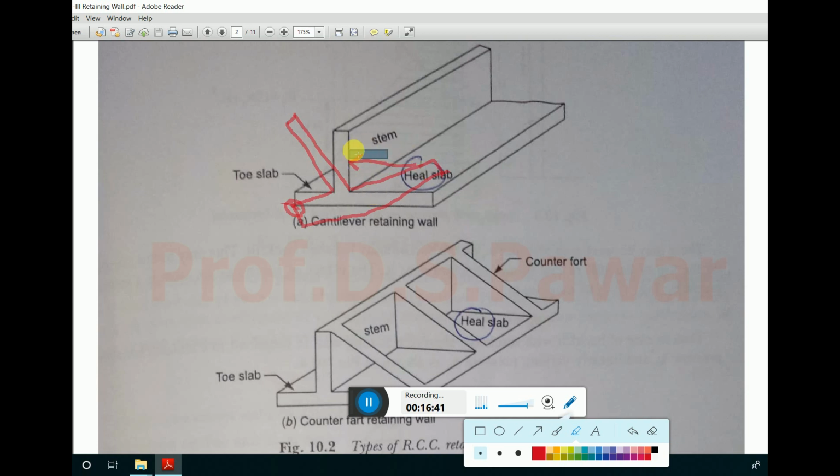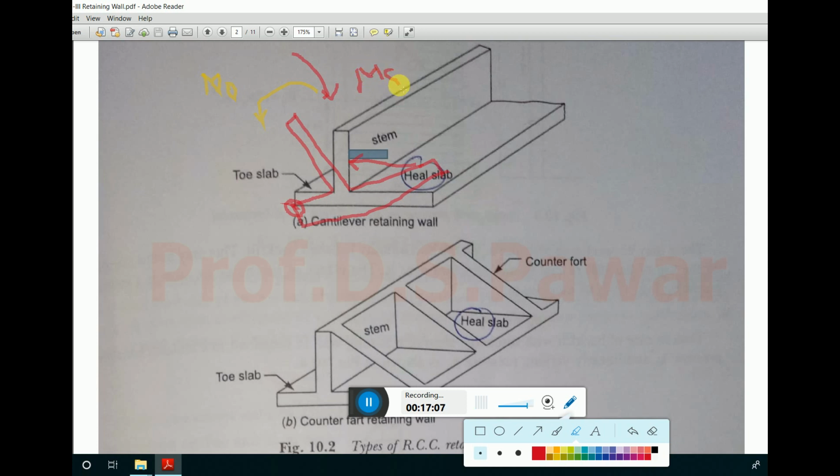To avoid this overturning we have to take the check and ensure that the stability moment is sufficient. The moment due to which this overturning happens is called Mo, the overturning moment, and we have to calculate the stability moment based upon the weight of soil and the self weight of the retaining wall.